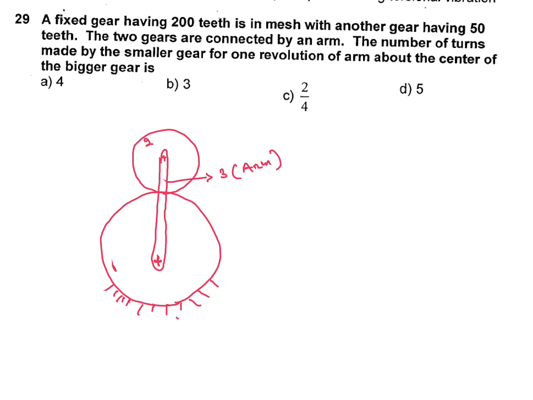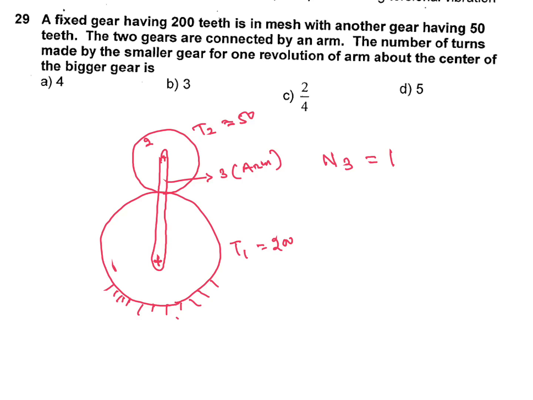Then number of teeth. So T1 equal to 200, T2 equal to 50. The number of turns made by smaller gear for one revolution of arm. So N3, number of revolutions made by arm, is 1.